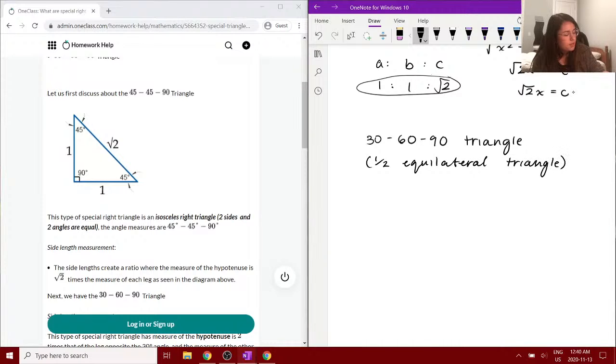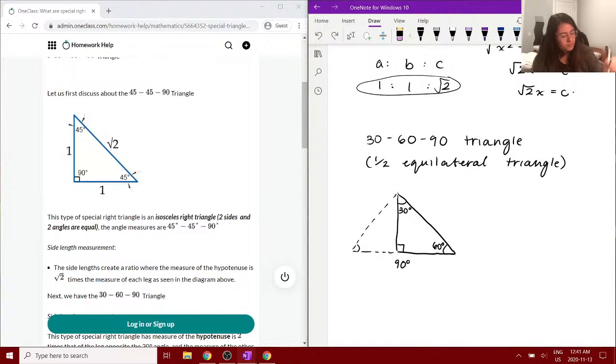Let's draw that. So if we have this 30 degrees, 90 degrees, and 60 degrees, but if we look at the full picture, the full equilateral triangle, imagine that all these angles were 60 degrees and this full angle here was 60 degrees.